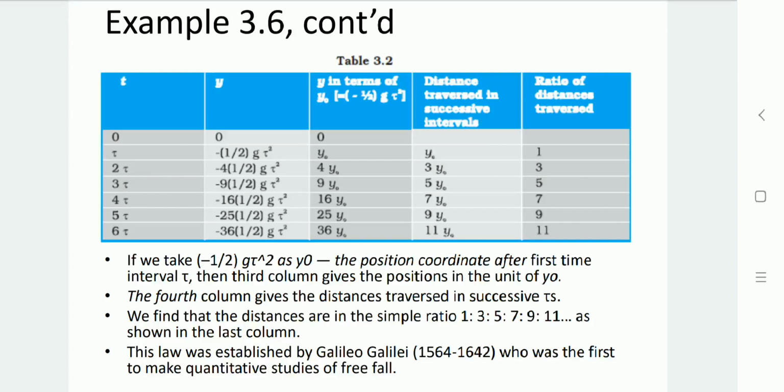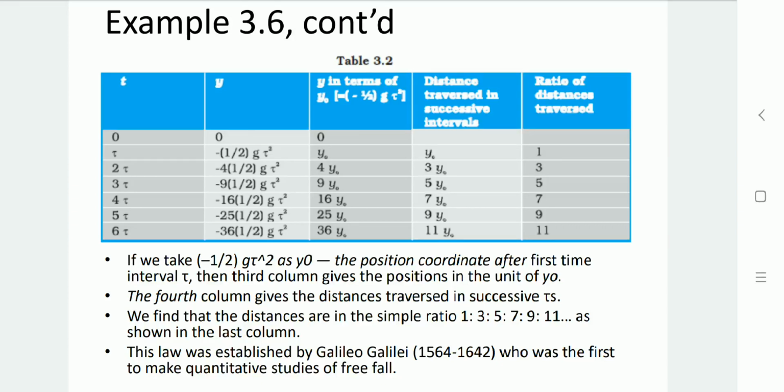Likewise, place 5 tau and 6 tau, and by following the same process, we are having the ratios 9 and 11 in sequence. So when we find the distance in terms of ratio, we are having the odd numbers 1, 3, 5, 7, 9 and 11.